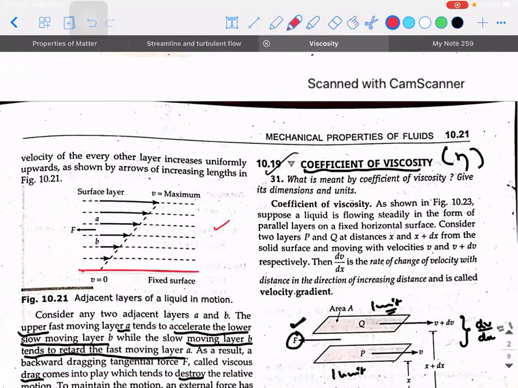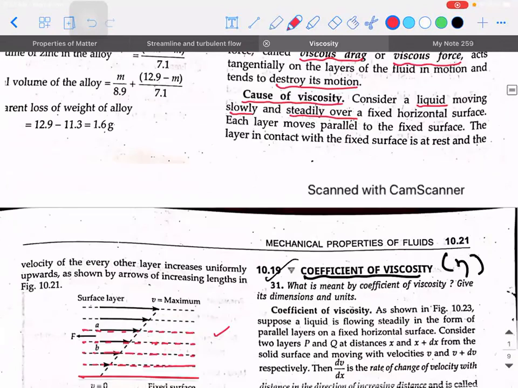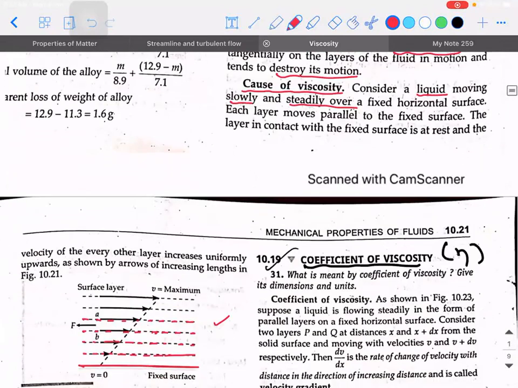Now this liquid can be broken into many streamlines like this. Once you do this, there are certain observations. First, what will happen to the layer of the liquid which is in contact with the fixed surface? The answer is that layer will be at rest.